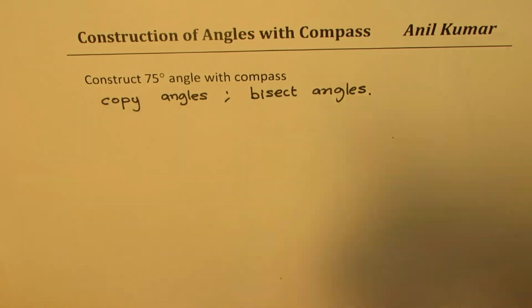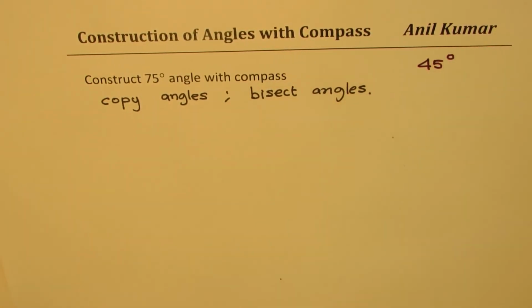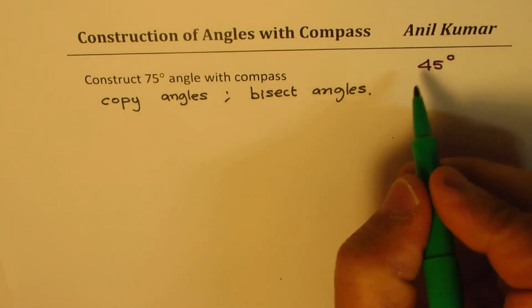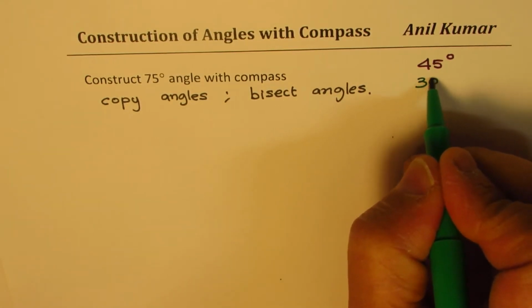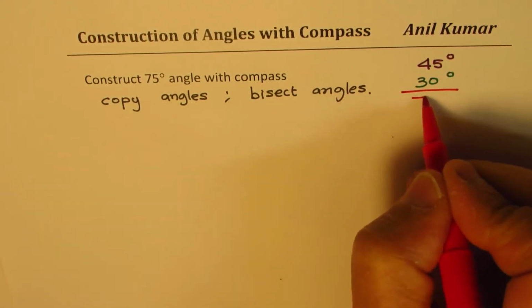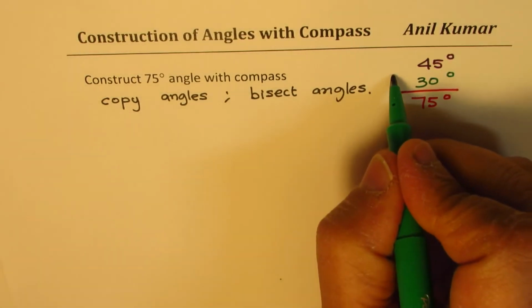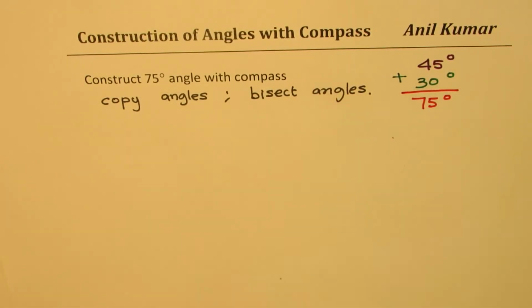Well, 75 is a combination of 45 degrees and what? Well, 30 degrees. So that combination gives you 75 degrees. So we have to create an angle of 45 degrees. On top of that, we are going to add or copy 30 degrees to get 75 degrees. Perfect. So I think the strategy is absolutely clear.